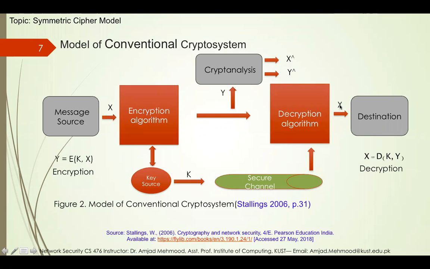When X reaches here, which is normally in the cipher form, you know that the key is traveling over a secure channel. You can see here. So the key is traveling over the secure channel and reaches the recipient. So the recipient applies the decryption algorithm and the security key to get back the plain text. So this is the mathematical way.